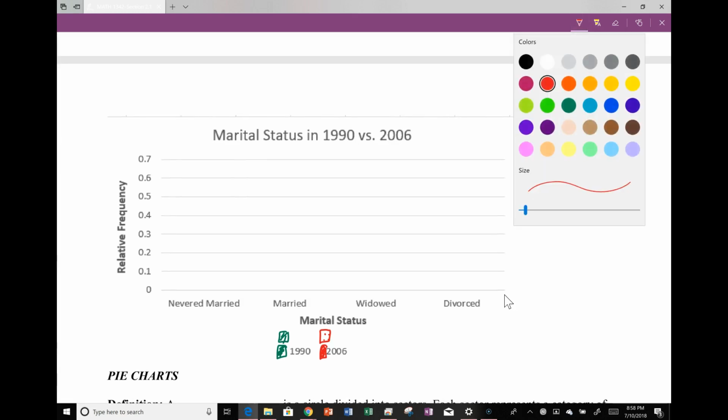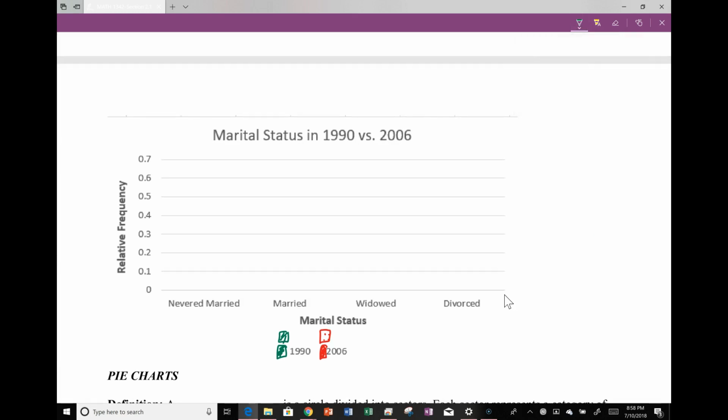So when we look at never married, I'm going to go through and draw in the 1990 bars first. When we talk about never married, the relative frequency was 0.222. So that's approximately here. You'll notice I'm not going all the way over because there are other categories.